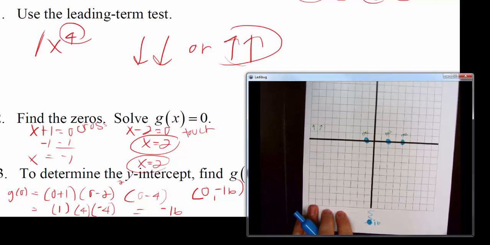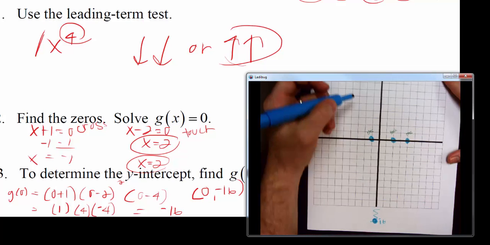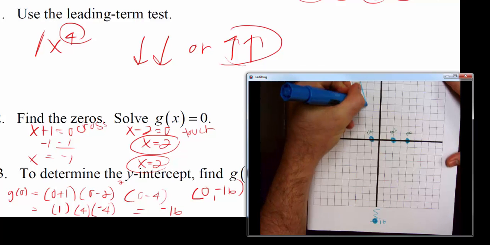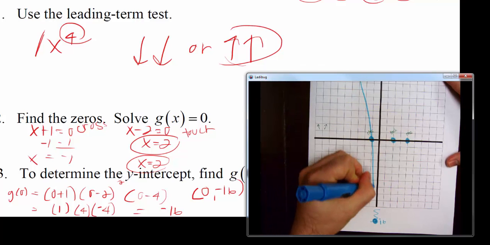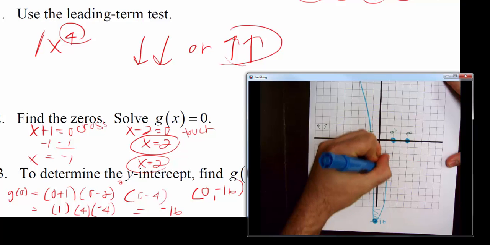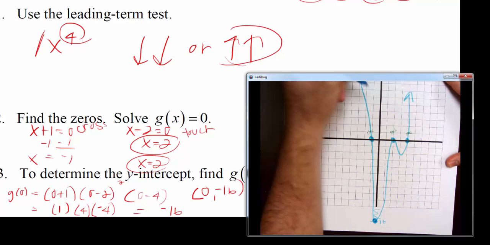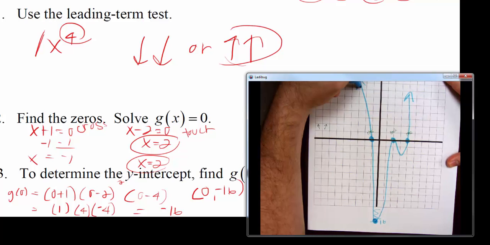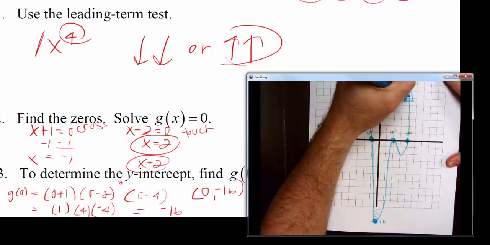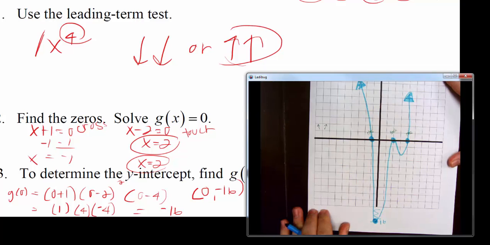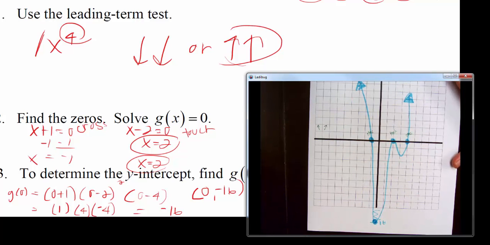So let's sketch this thing out. And remember, we're touching and come back up to cross through that 4. And that's a basic sketch of our polynomial.